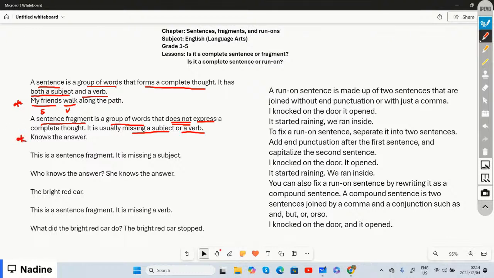If you look at that, the question is, who knows the answer? This means that this sentence is missing a subject, because now who or what knows the answer?